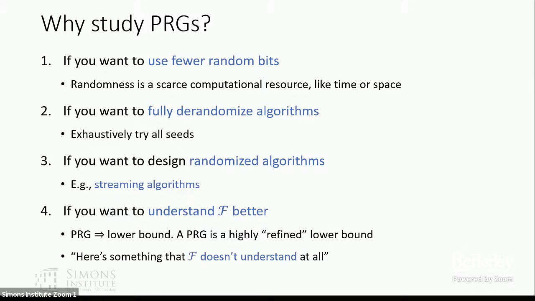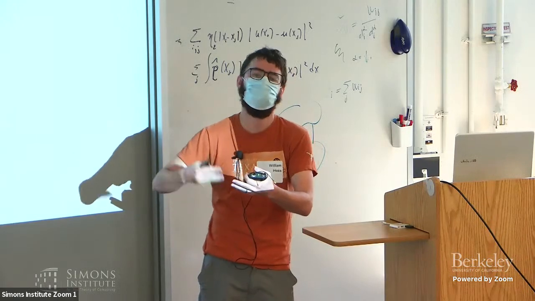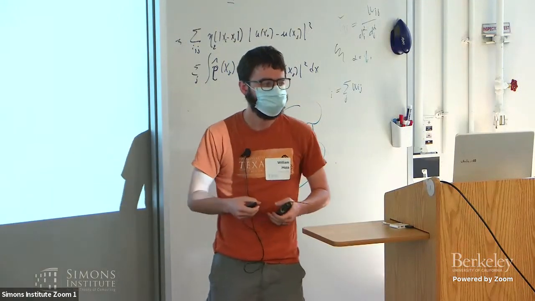It's giving an example of a task that this model of computation cannot solve at all. It doesn't understand it at all, right? Because the pseudorandom generator is sampling some distribution that's actually a very low entropy distribution, but it looks totally random to this class F. So it's like the class F has no understanding of the structure that is actually present.